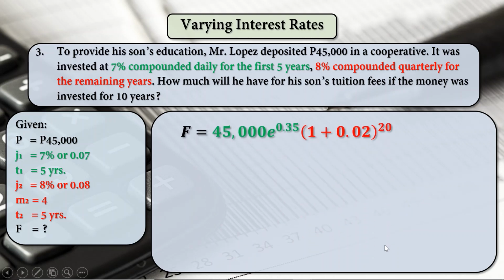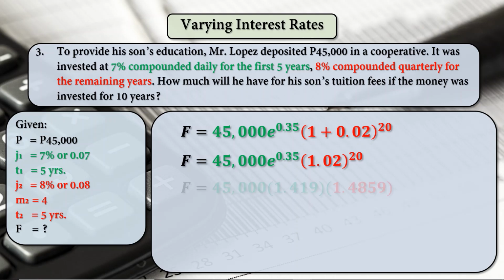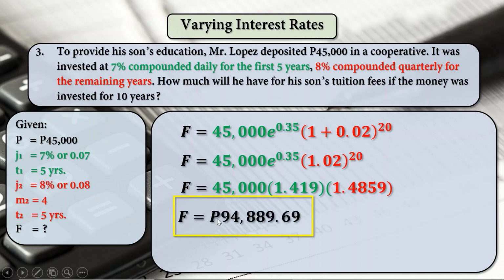And then, if we are going to add 1 and 0.02, that is 1.02, and raising e to the power of 0.35, that results to 1.419, and 1.02 raised to 20, that is 1.4859. So multiplying the three quantities, that results to 94,889 pesos and 69 centavos.